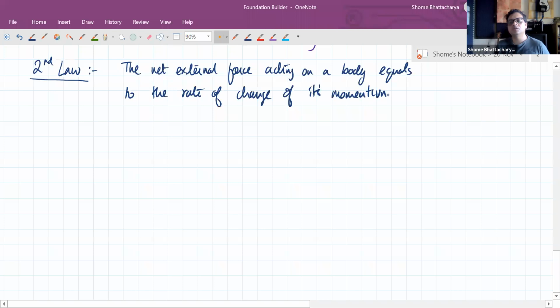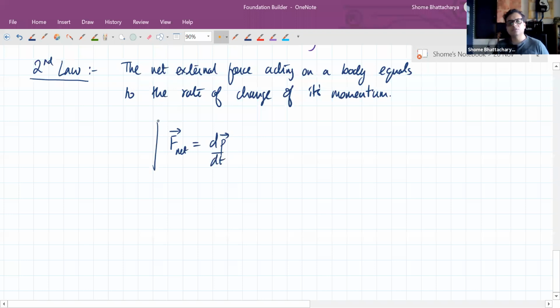This is the proper definition of Newton's second law. And it's more or less in the same language that Newton had given it. If you read the original text of Newton's classical mechanics textbook also, you see it's more or less the same statement. So this can be written as a simple equation: the net force acting on a body equals the rate of change of its momentum.